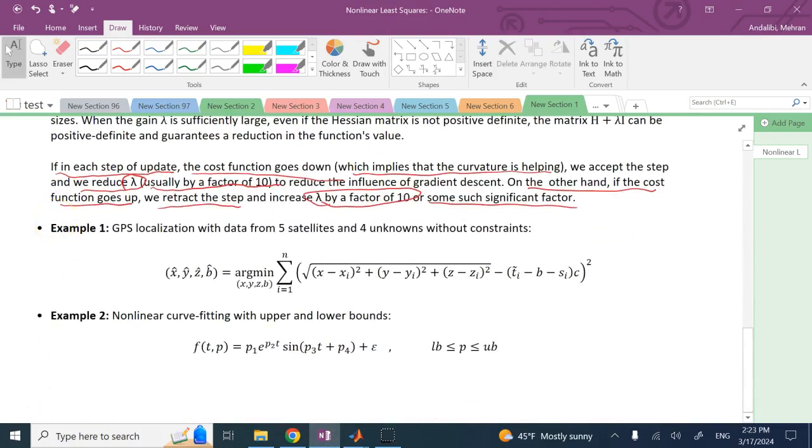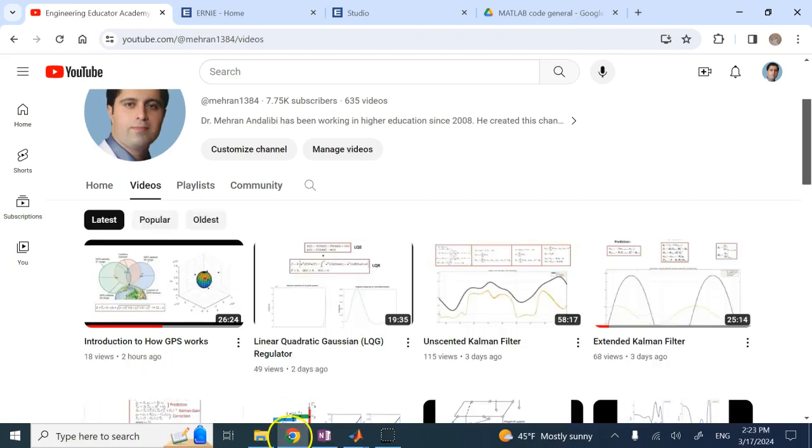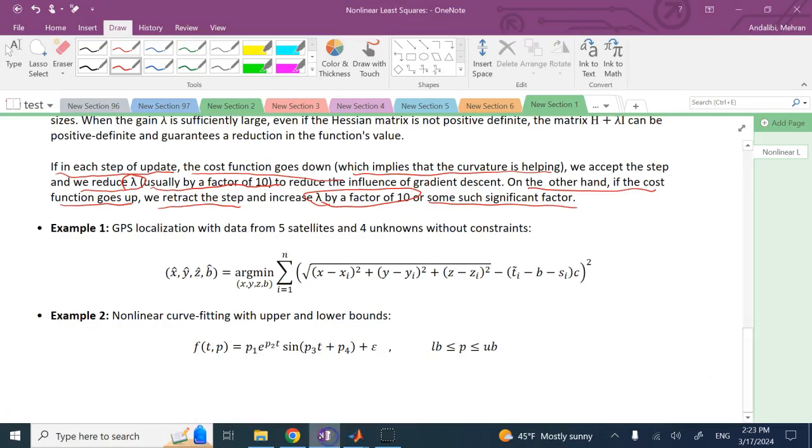So now we are going to see some applications. The first one is related to my previous video, my latest video, on GPS and how GPS is working. In GPS, you have 4 unknowns, which are the bias of your receiver clock as well as the XYZ position of the receiver.